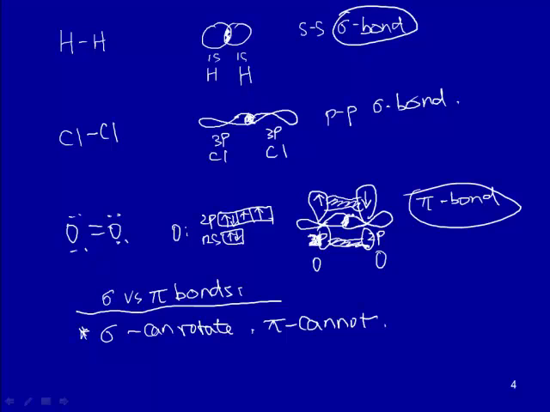The sigma bond is a head-to-head overlap, so the two atoms forming this bond can rotate freely. Those are the characteristics of a sigma bond. But the pi bond is formed by the overlapping of perfectly aligned p orbitals, so it cannot rotate. Sigma bonds are stronger.